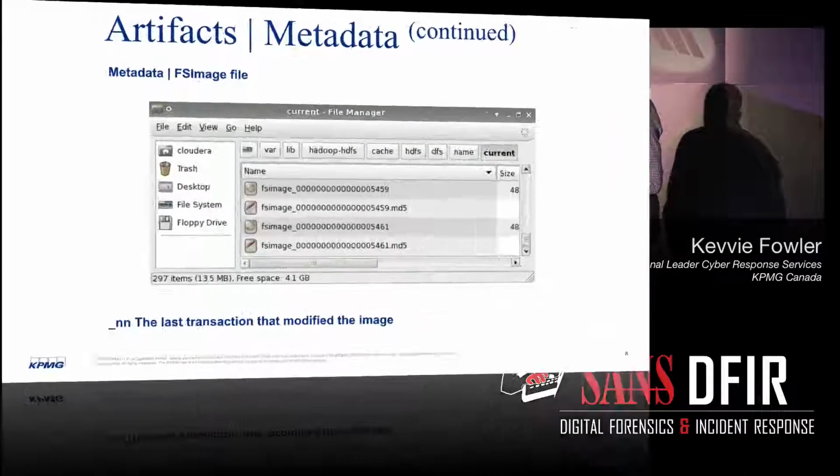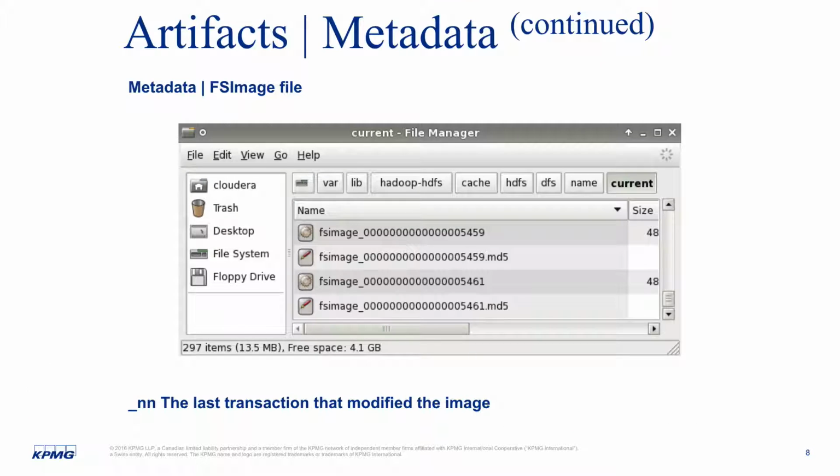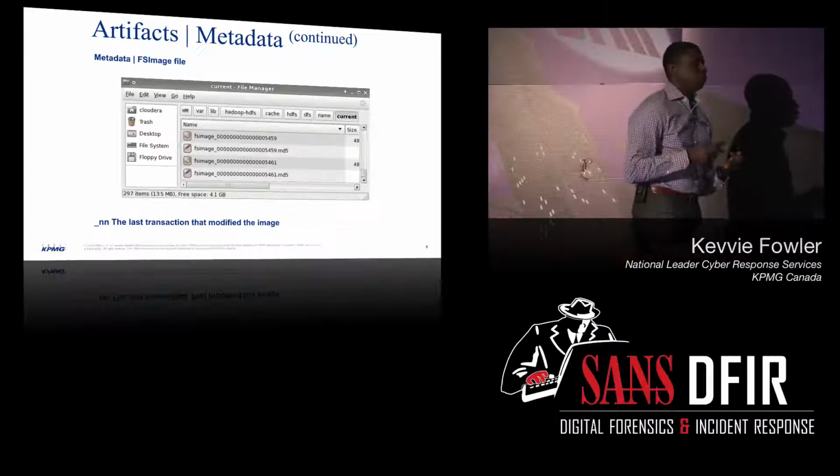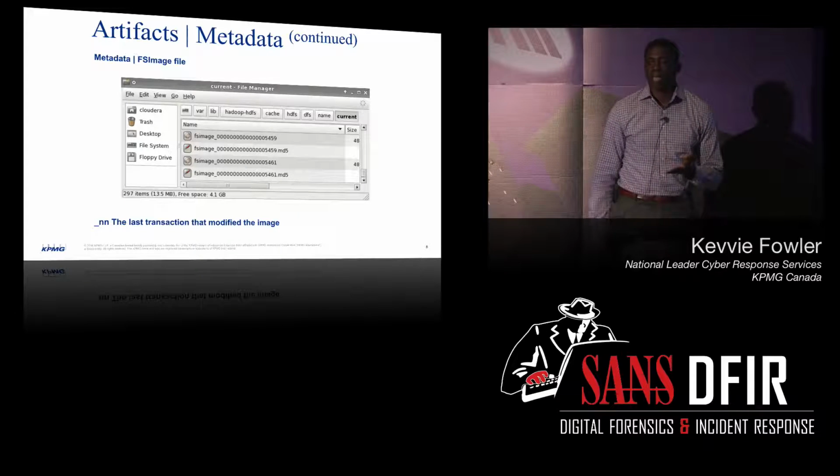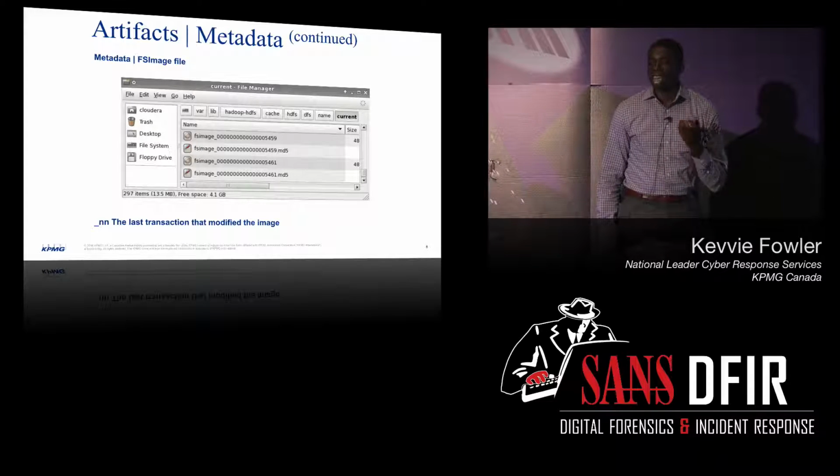So when looking at Hadoop, we talked about the focus being just HDFS, which is a file system. And when you look at a file system, Hadoop stores all information in the file system, so all files, all folders, and the structure of that, all within what's known as an FS image file. Okay?